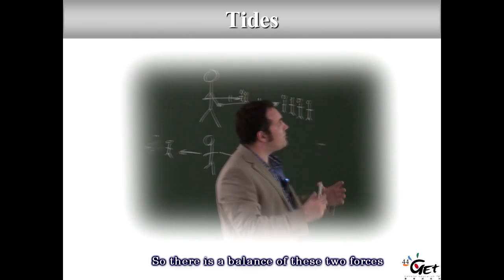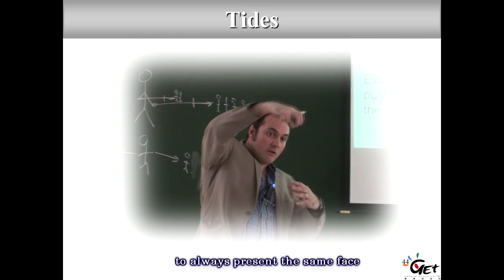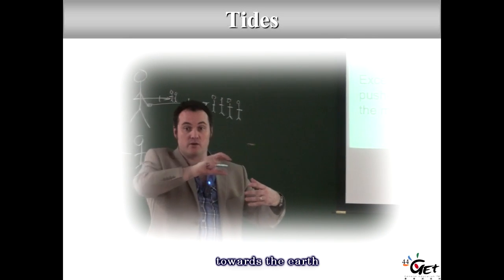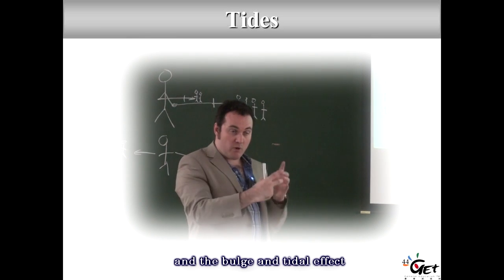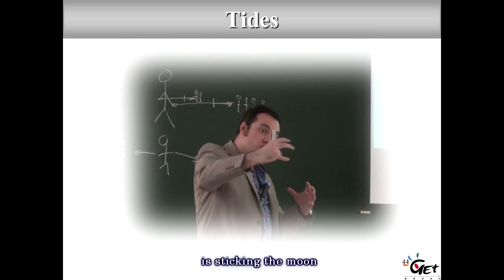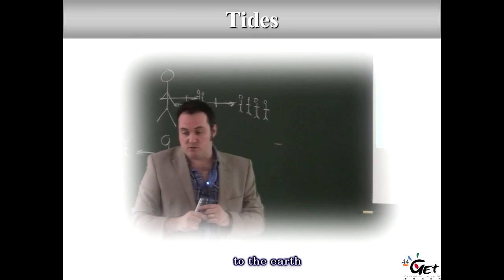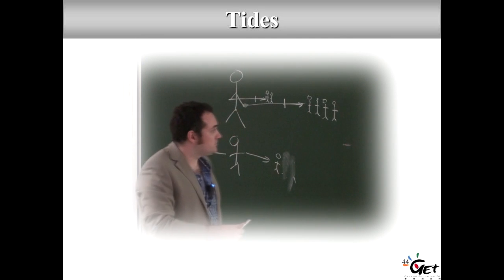So there is a balance of those 2 forces, and this locks the moon to always present the same face toward the Earth. The combination of the rotation of the Earth and the bulge, the tidal effect, is locking the moon, showing always the same face to the Earth. There is a synchronization effect.